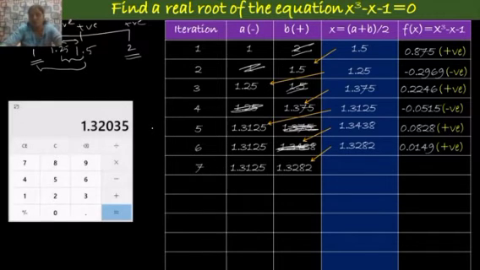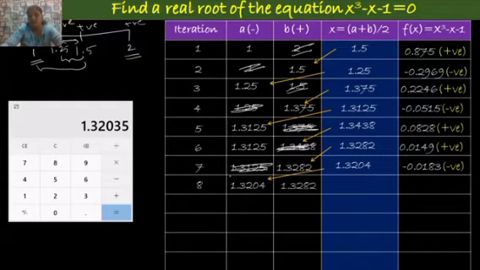So 1.3204 is the value of x. At this point the value of the function is negative. If it is negative, you have to replace the value of A in the next iteration. So you replace the value of A by 1.3204, and there is no change in the value of B now.